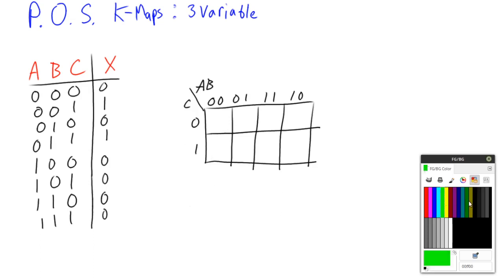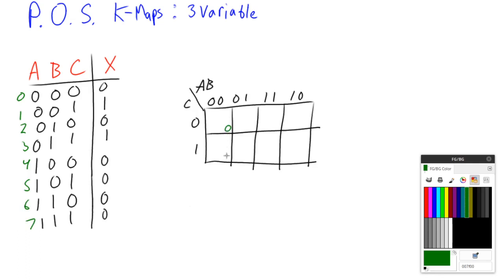So we'll do this nice, how about that green? We start at 0, 1, 2, 3, 4, 5, 6, and 7. And nothing changes here, right?